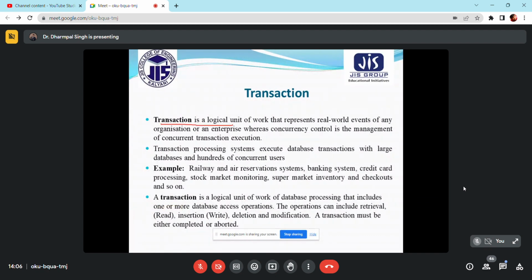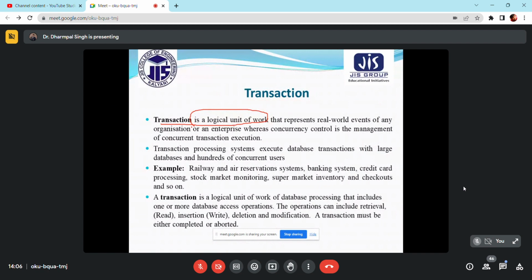So what is the meaning of this logical unit of work? If I want to transfer the money from A to B, I have to log in to account A, from where I want to transfer the money. We require the numbers of both accounts, and some code, a UPI code, will be there, then I am able to transfer the money. The transaction does not deal with whether the person has the money or whether the person has a valid account number or not.